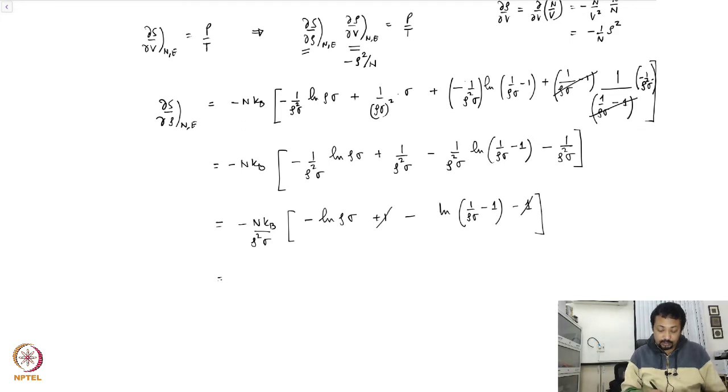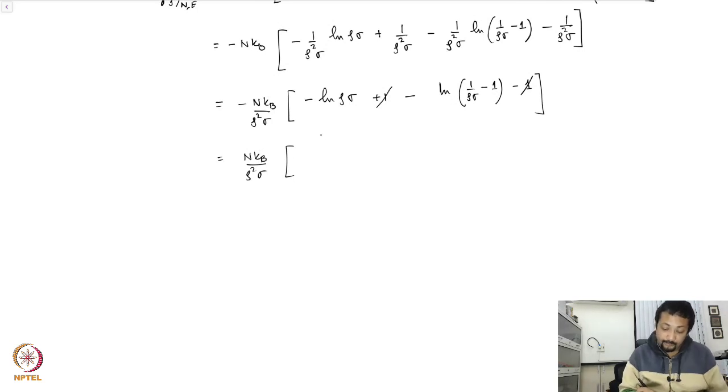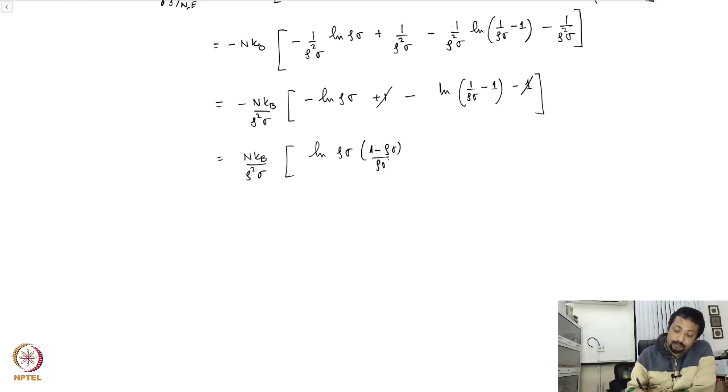This cancels out, and I have nkb divided by rho square sigma times ln of rho sigma, 1 minus rho sigma divided by rho sigma, which is going to be nkb over rho sigma square ln of 1 minus rho sigma.